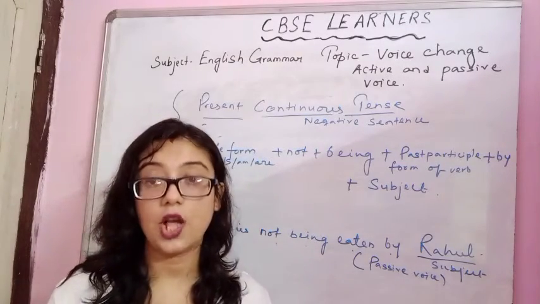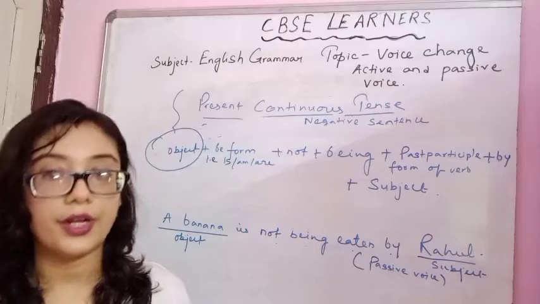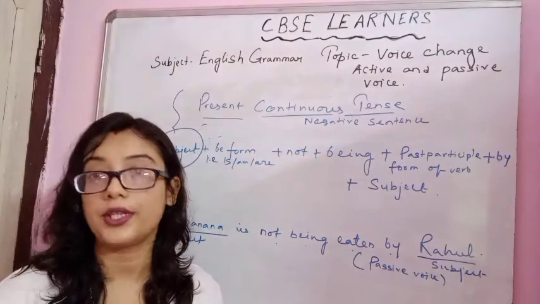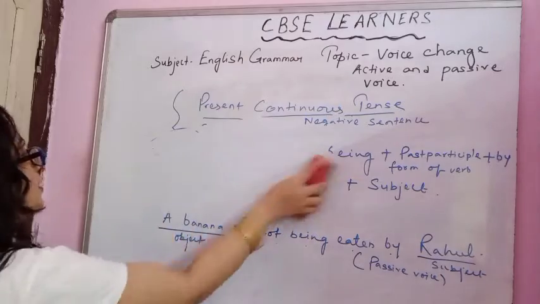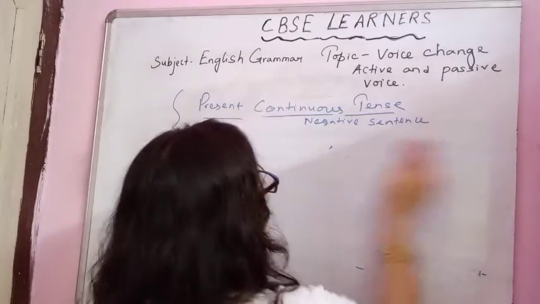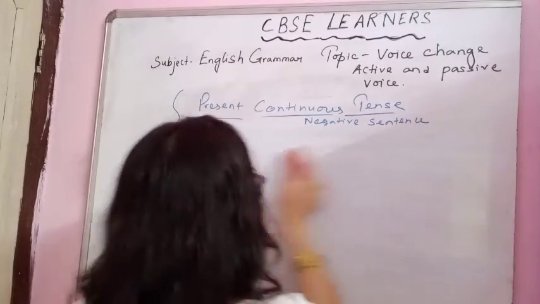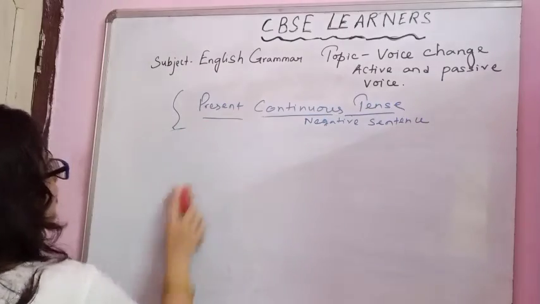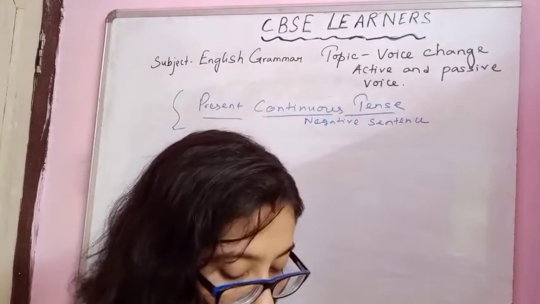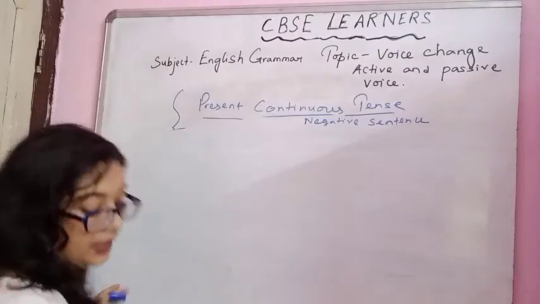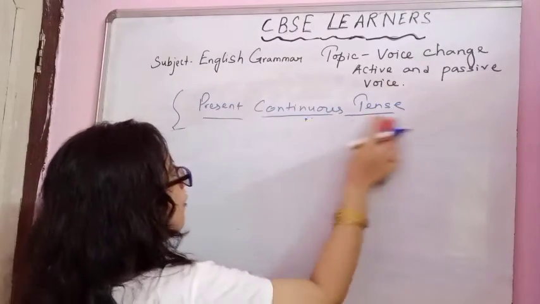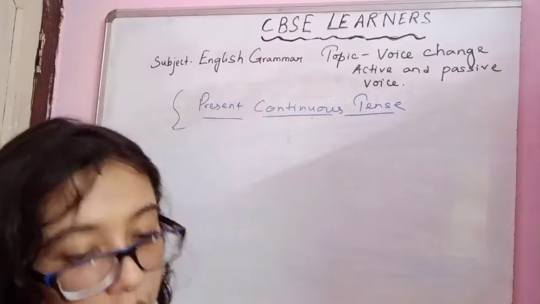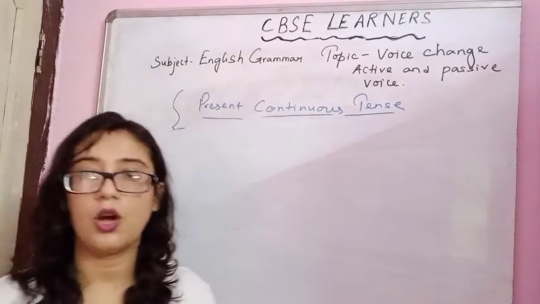Now in case of interrogative sentence. What are interrogative sentences? When we interrogate someone. So let's start with the interrogative sentence. For interrogative sentences, in case of present continuous tense, we will use is, am or are, to question someone.